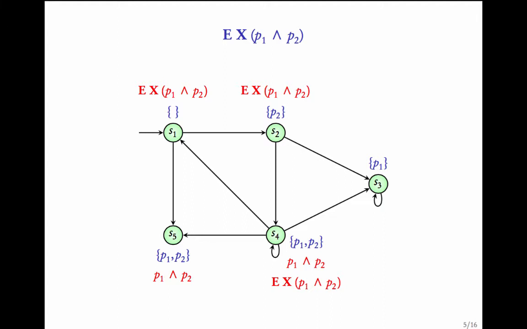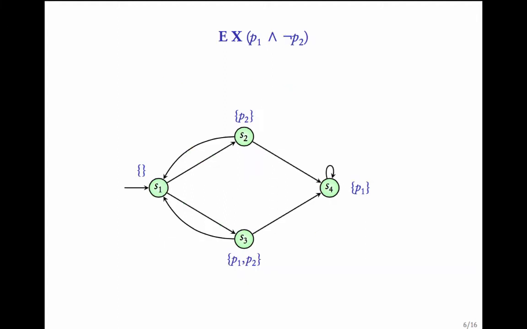Okay. Let us see another example. This is the transition system that is given to us, and we want to find the states of this transition system which satisfy the formula EX P1 and not P2. The first step, look at this subformula. It's made of P1 and not P2. Let's first mark the states that satisfy this subformula P1 and not P2.